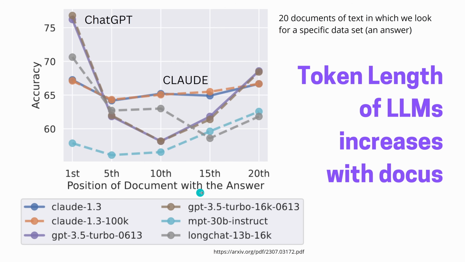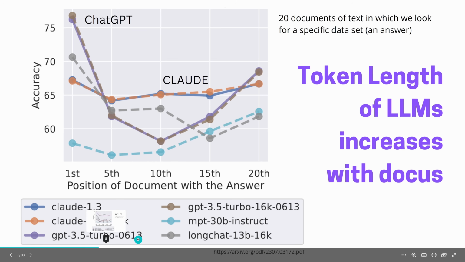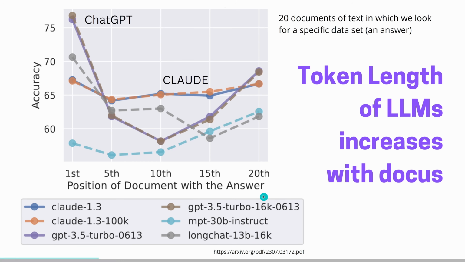Now, a lot of points here. The first, we have 2. We have the normal ChatGPT, and in brown we have the extended 16K token length version of ChatGPT. And you know what? Look, here you have this one in purple, and here you have the one in brown. You see those two models perform almost identical.